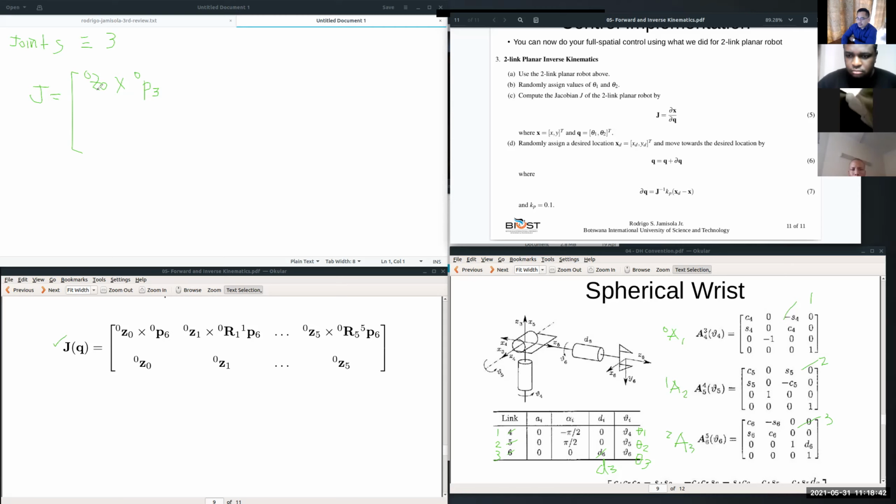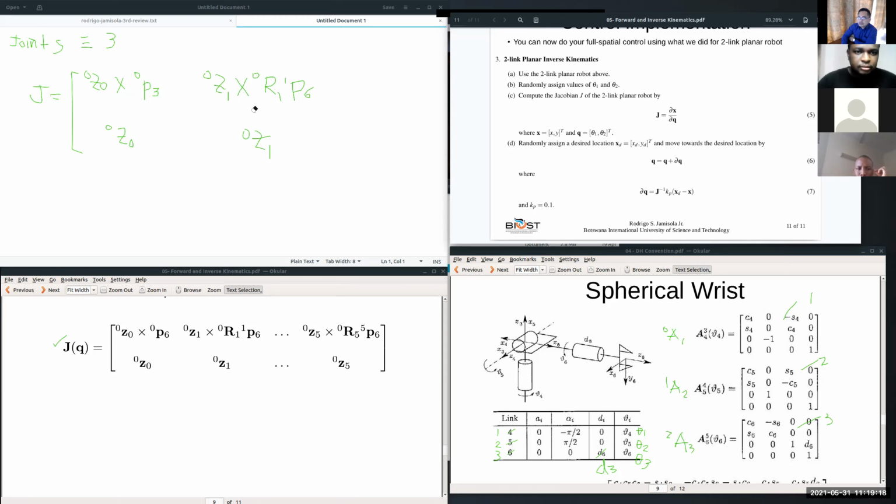So now 0Z0 cross with 0P3. So 0Z0. Next, 0Z1 cross with 0R1 1P3. Sorry, it's 1P3.